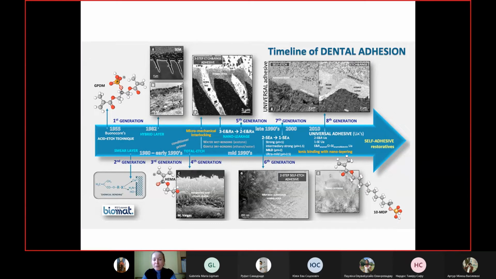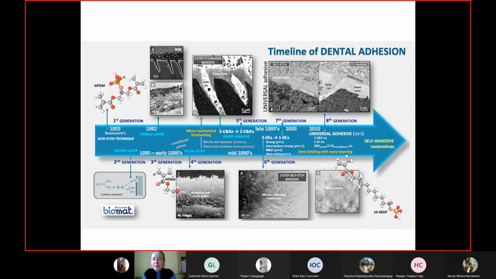But development continued and evolved the sixth generation of self-etching method. So total etch method is the fourth and fifth generation, self-etching method is the 6th, 7th, 8th generation of adhesive systems that are available nowadays. The 8th is the last one available nowadays.